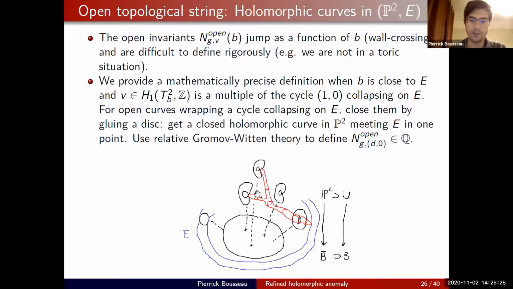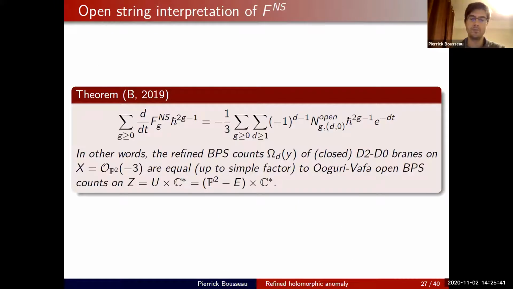And so here the upshot of what I just said is that if you look at open curves wrapping this particular cycle (1,0) vanishing at infinity, you can get well-defined mathematical numbers using relative Gromov-Witten theory. Another theorem is that these open counts are exactly what we want. It's exactly the open topological string, which will produce the derivative of the FGNS series.